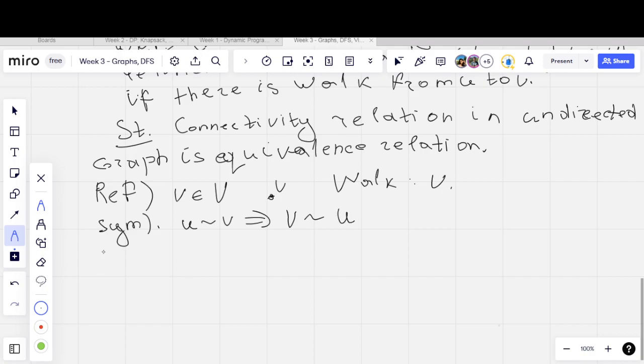Okay, and then transitivity. If we have some walk from a to b and a walk from b to c, then we have a walk from a to c. We just connect two walks and get this walk. Okay.